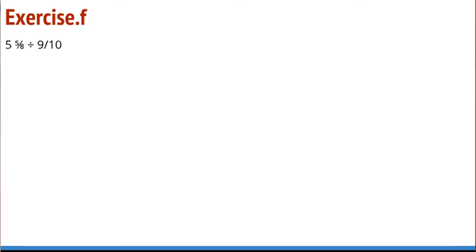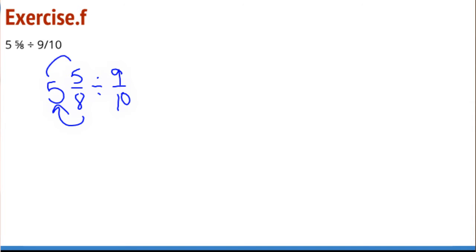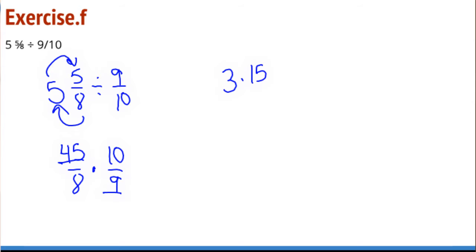All right, 5 5/8 divided by 9/10. 8 times 5 is 40, plus 5 is 45/8 times 10/9. I can see that I have multiples of 3. 3 times 15. Actually, multiples of 9. I'm going to take that 45 apart, and I'm going to have 5 times 9.